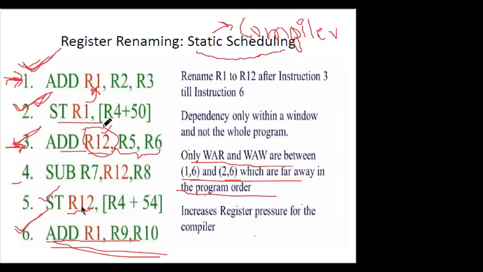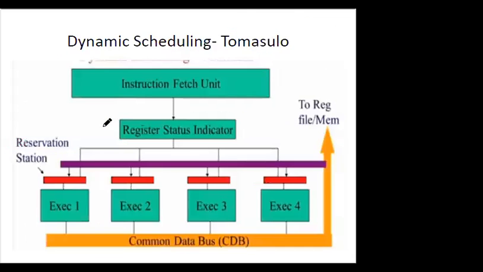But in this case, there is no role of the compiler in the scheduling of the instructions. It is actually being done by the hardware, and how it is being done by the hardware is what we have to see in this hardware. This process is known as Tomasulo's process, and let us start.